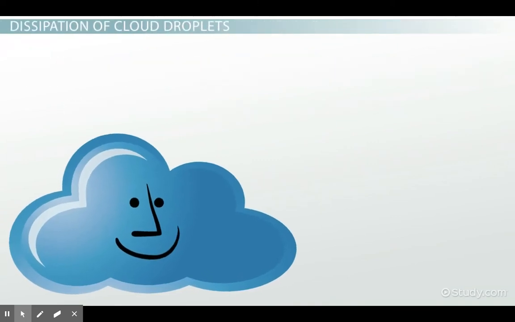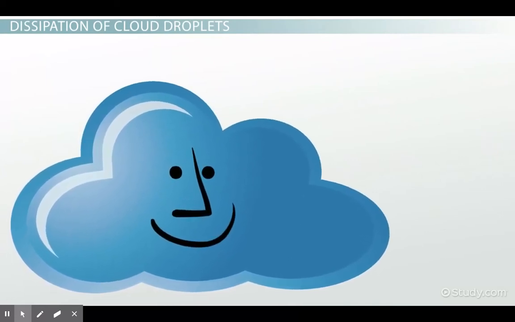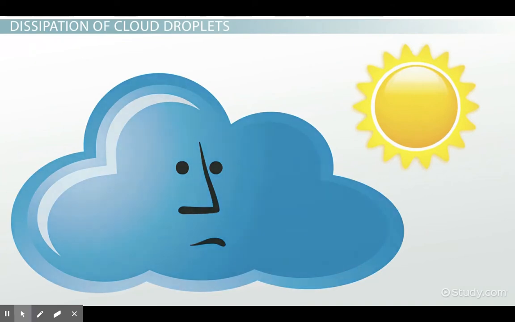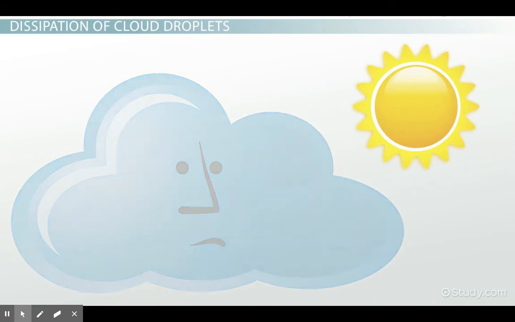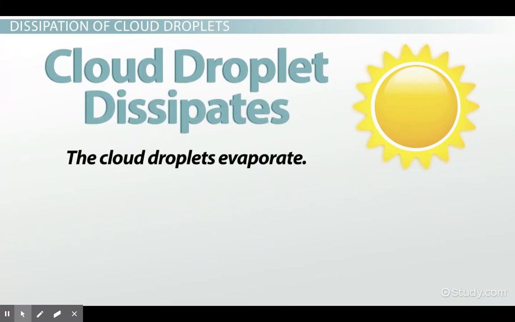I'd like to say Wally and his friends lived happily ever after in that cloud, but all good things must come to an end. Unfortunately for that cloud, it's becoming a bright, sunny day. Wally and his friends are about to disappear, and the cloud is going to dissipate. When the cloud dissipates, it just means the cloud droplets evaporate. But what causes a cloud droplet to evaporate?